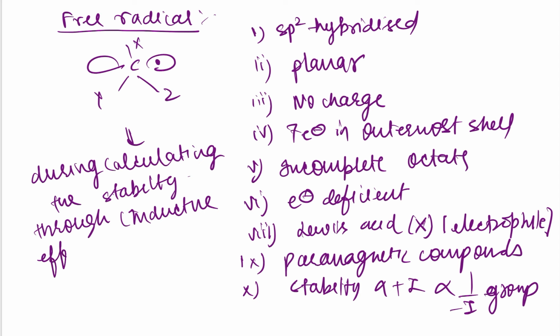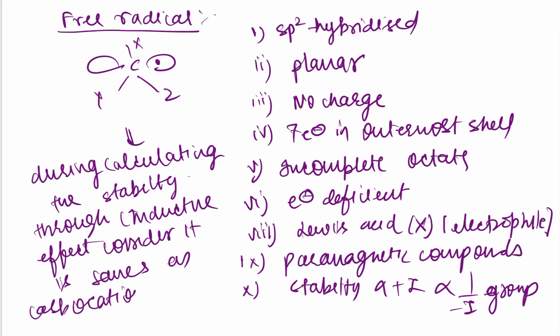We consider it the same as a carbocation while considering the stability with plus I or minus I group, because it is electron deficient, same as a carbocation. So we won't differentiate between a positive charge carbocation and a carbon free radical when comparing the stability with the help of plus I. So let's look through some examples so you will understand better.